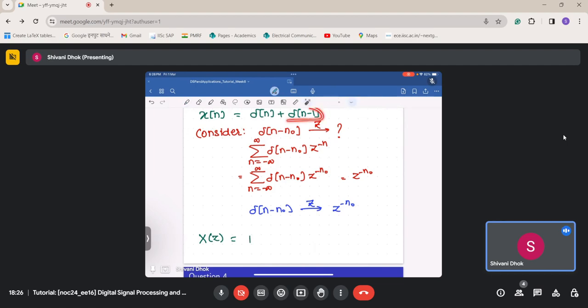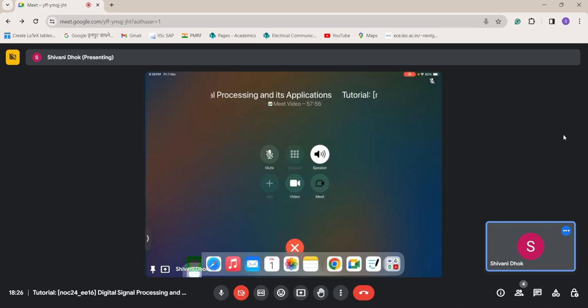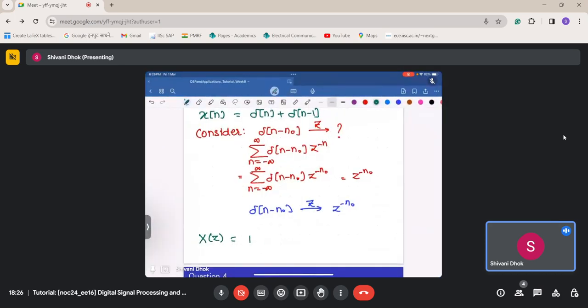Similarly for the second term n naught is 1, so I get plus z to the power minus 1.